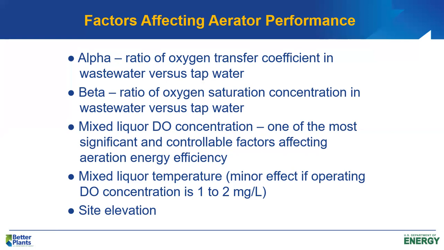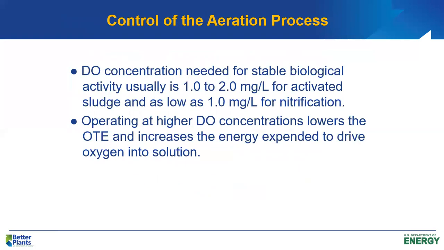And the site elevation is also important. As we increase elevation, we're going to reduce the oxygen transfer efficiency of our aeration equipment. So again, recommended DO concentration, typically 1 to 2 milligrams per liter would be adequate for activated sludge in most scenarios.